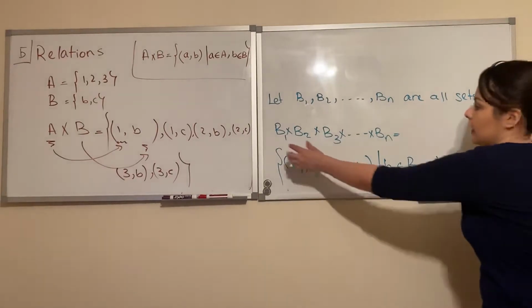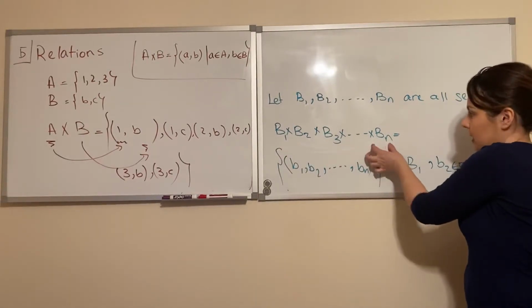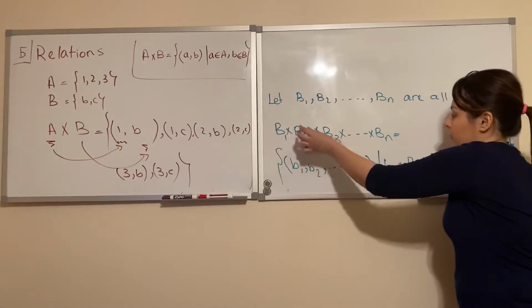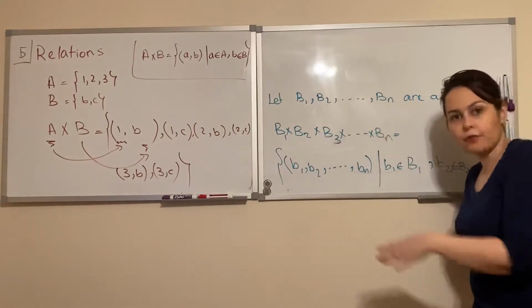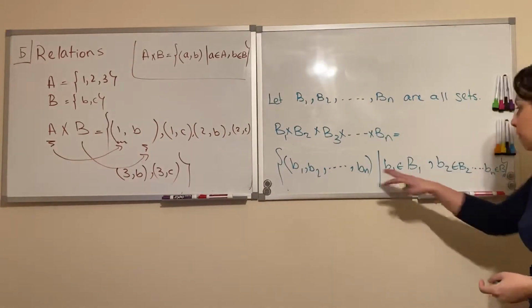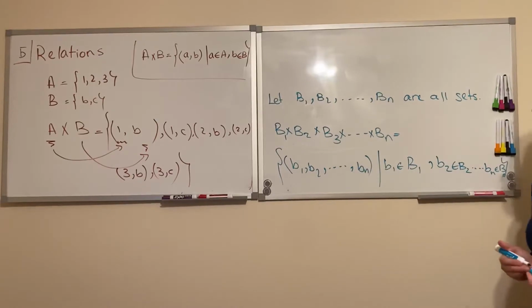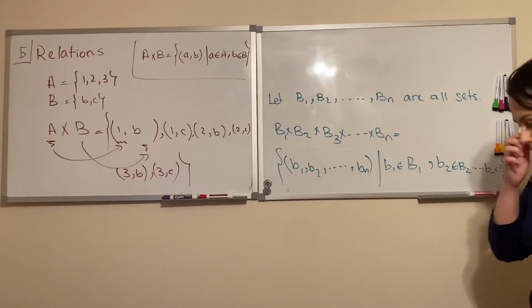It is easy. Again, I care about the order, and I pick one element from each set. Any of these gives me one element in the Cartesian product of all these sets.